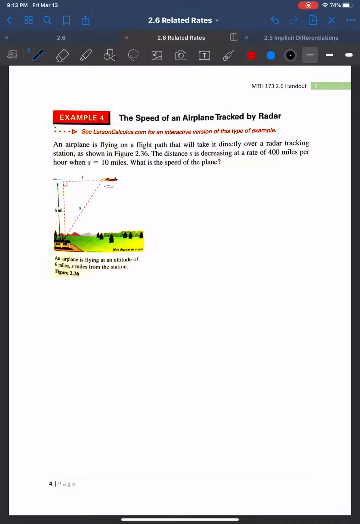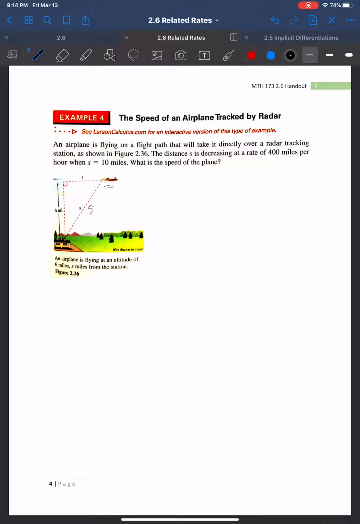Now, it says the distance, S. Now, hold on. What is S? So notice that S here is the distance from the tracking station to the airplane, right? Now, of course, it makes sense.